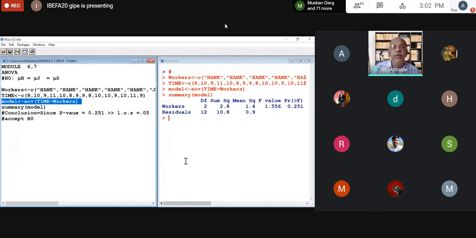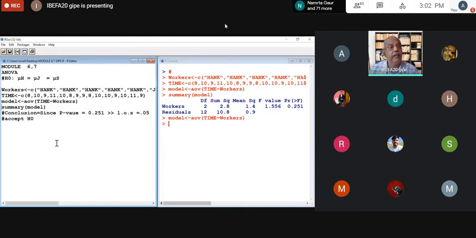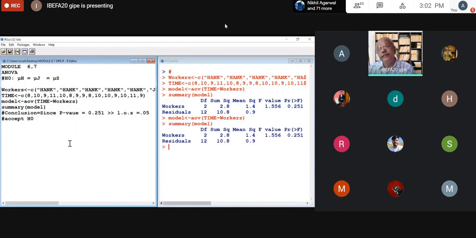That is the output you can get on the screen. You look at the last probability value, and the probability value will be 0.251. Compare with your level of significance, conclude thus.